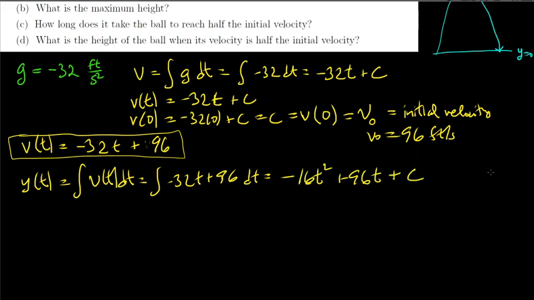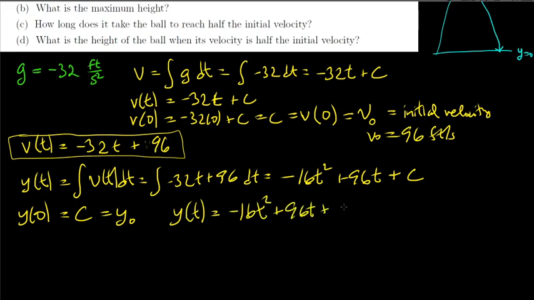So it's a different c here. And if you plug in t equals 0, you just get c. So that's going to be y0, or the initial height. So y of t will be negative 16t squared plus 96t plus y0.